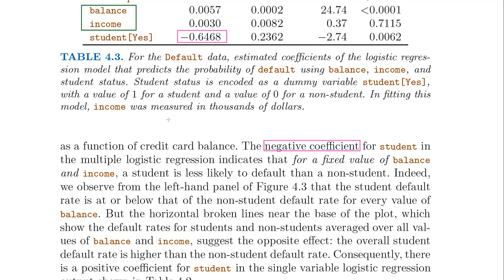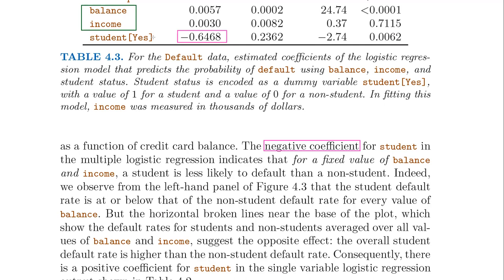So this is the power of using multiple variables, that you're getting this really good insight into what probability of default to expect between students and non-students, given a specific balance and given a specific income.